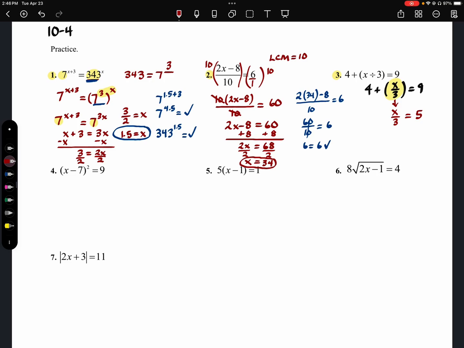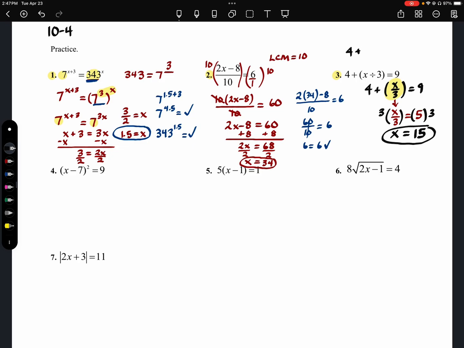And then if I'm doing x divided by 3, I can undo divided by 3 by multiplying both sides by 3. So 3 times x divided by 3 gives us x, and 3 times 5 is 15. So it looks like our answer for this one is 15.